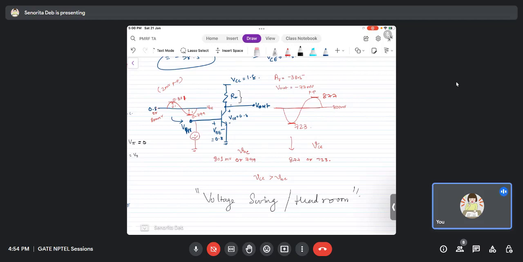Therefore, VCE will reduce. And now if VCE reduces, the headroom reduces. The voltage can now swing only within that reduced VCE so that it still remains in the active region and doesn't go into saturation.